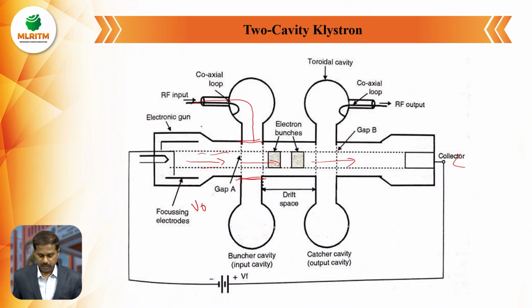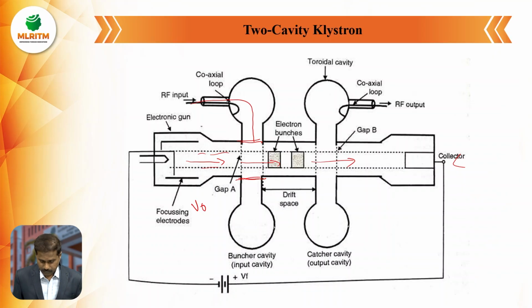So these electrons are affected by the alternating signal: some electrons will be accelerated, some will be decelerated, and some will remain as usual, that means at a reference velocity. I will explain this in the bunching process.